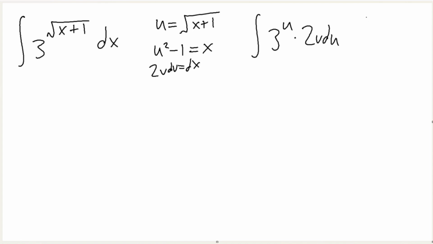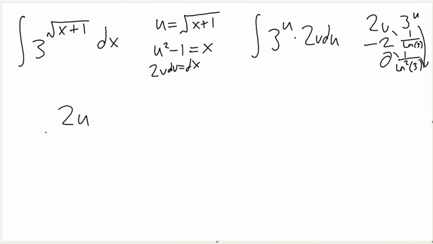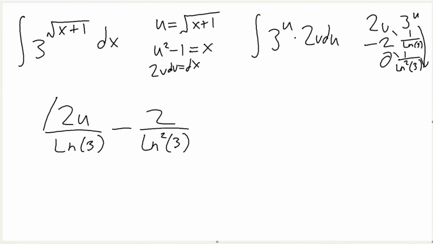That's okay. This is just integration by parts. The only thing is you would have to divide by ln of 3, and then ln squared of 3. So our answer is 2u over ln of 3 minus 2 over ln squared of 3, and don't forget that all of this is multiplied by 3 to the power of u.